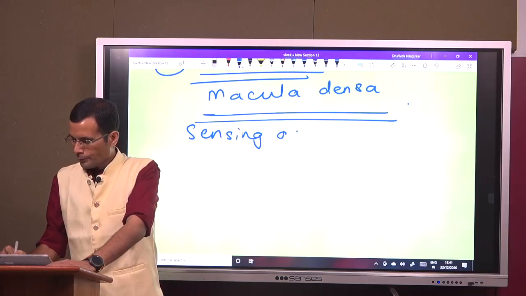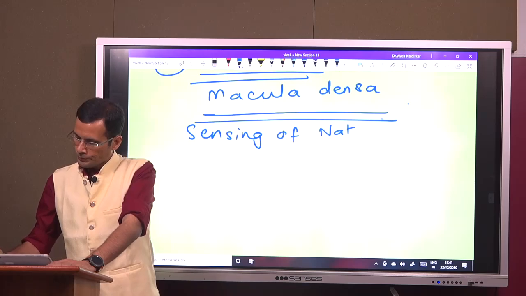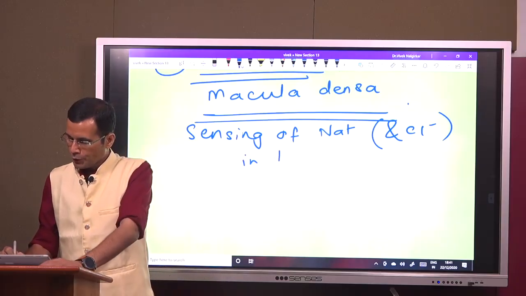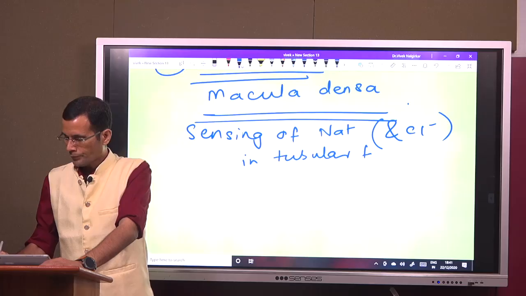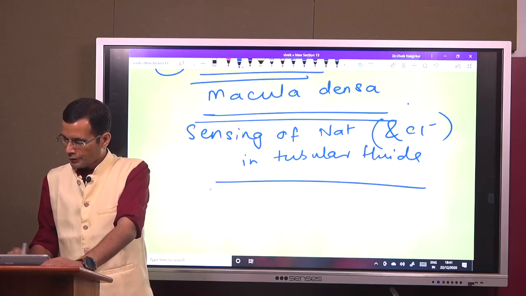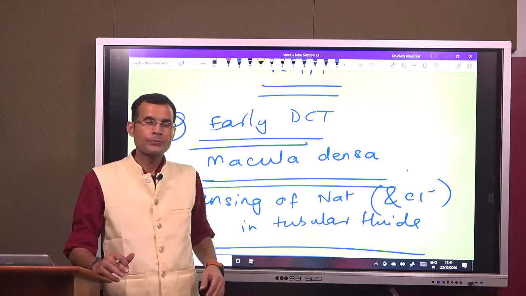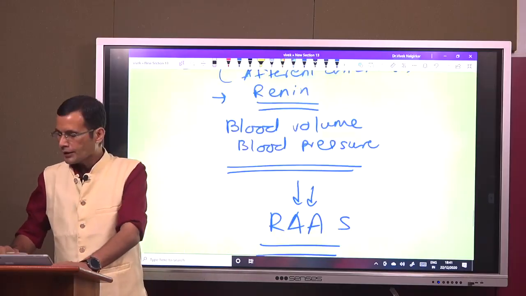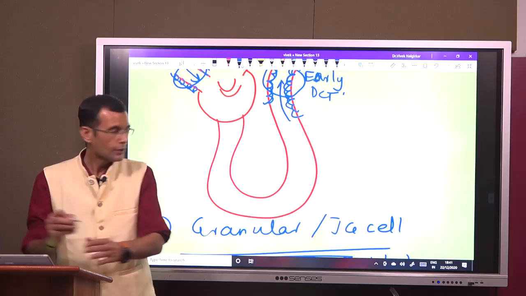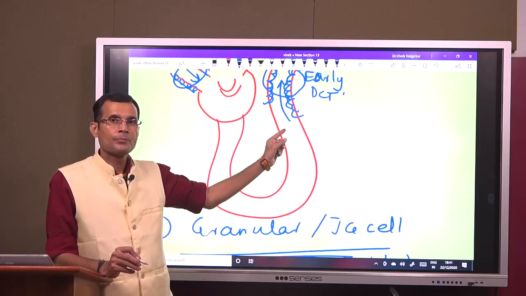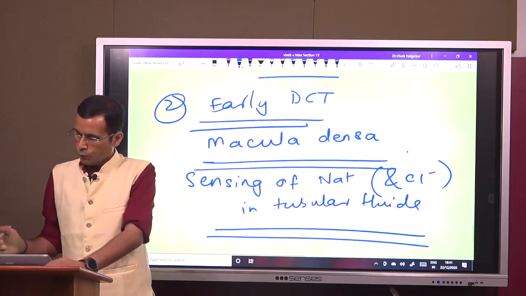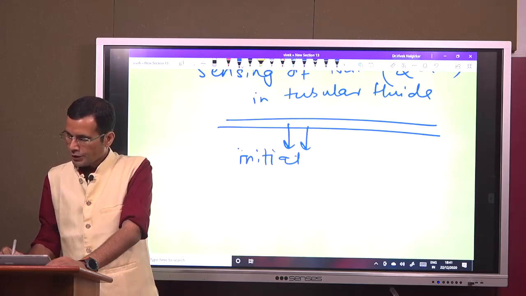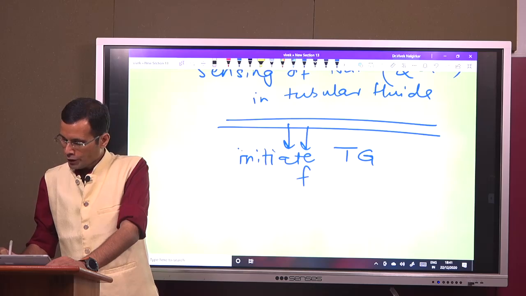Sensing of sodium and also chloride actually in the tubular fluids reaching the early DCT, and then what it does is to initiate the tubuloglomerular feedback.